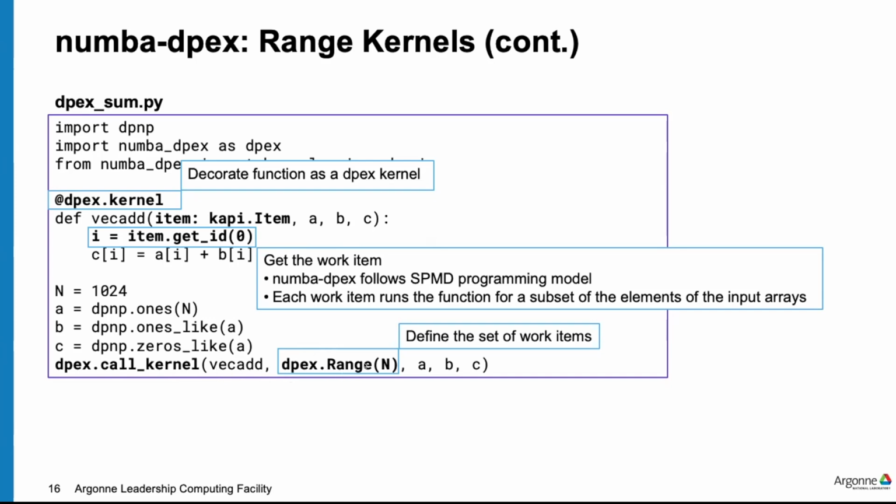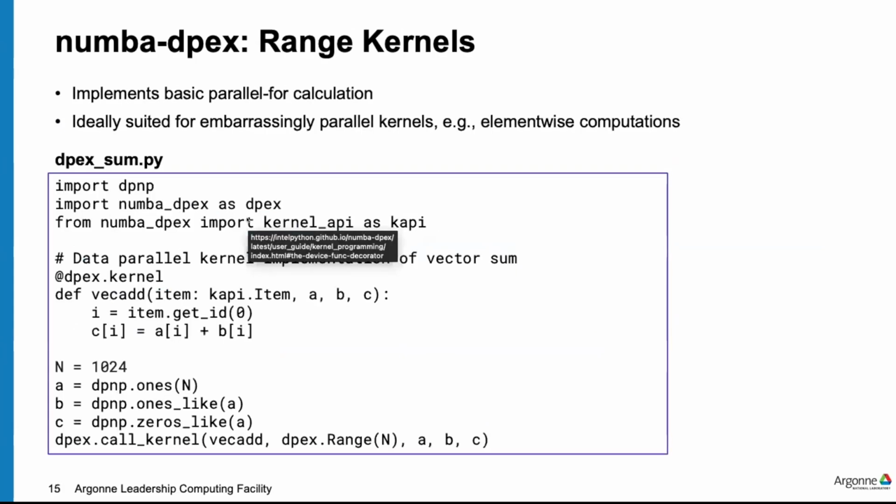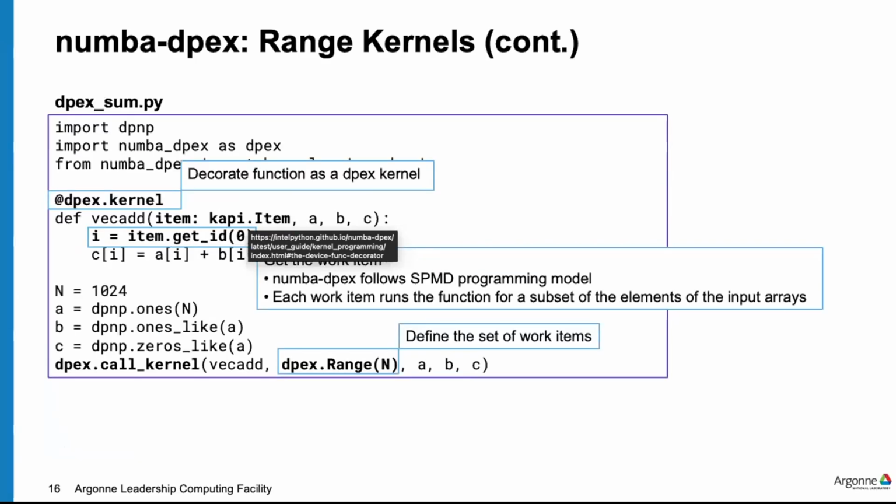So this is the range of work items that are going to be used to parallelize this kernel on the particular input data that you then provide later on in the function call. But again, please go back to these links to go into more details. For the sake of time and space, we're not going into all the different types of kernels that users could create.